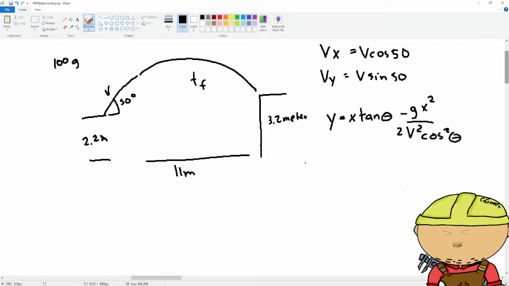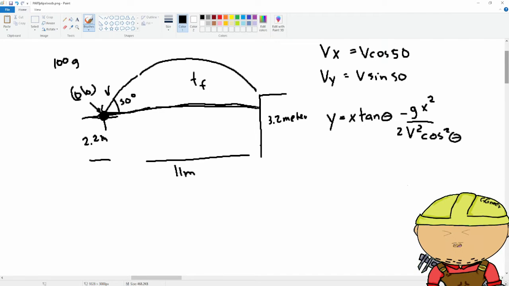In order to use this equation for projectile motion, you have to make your point of projection 0, 0. This will be the origin.